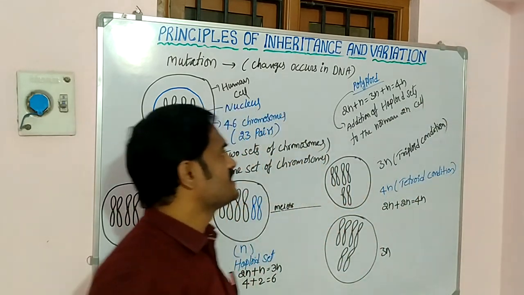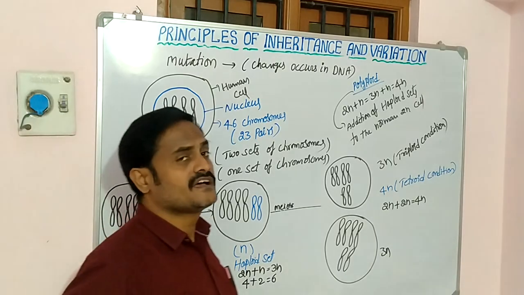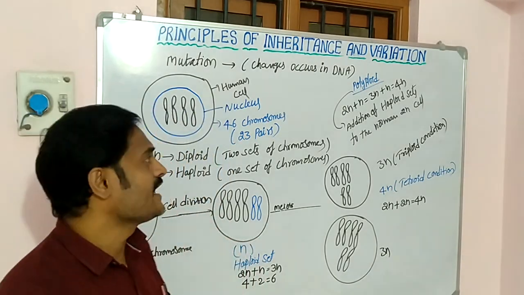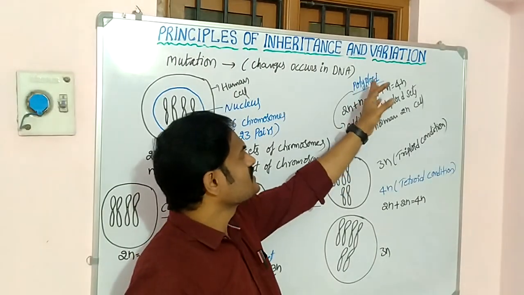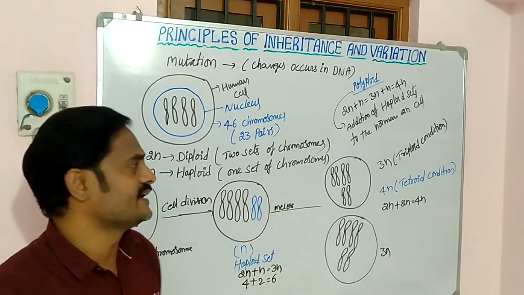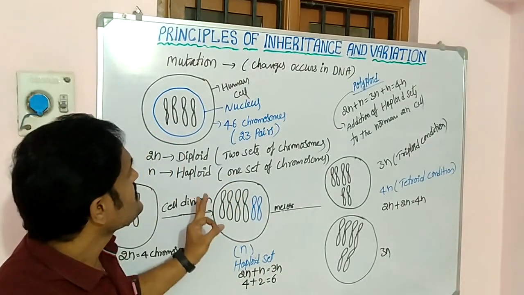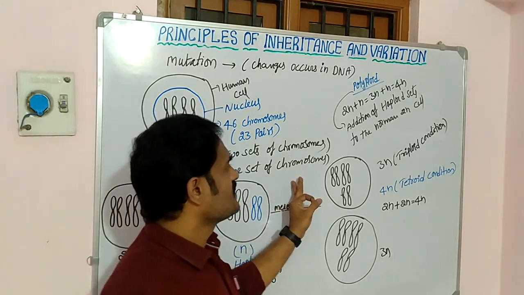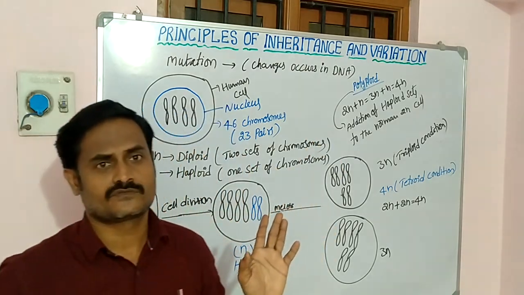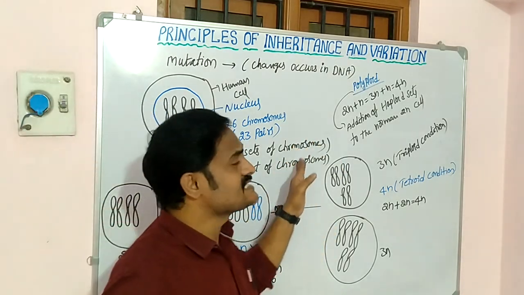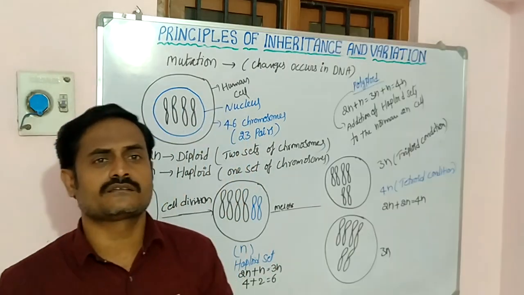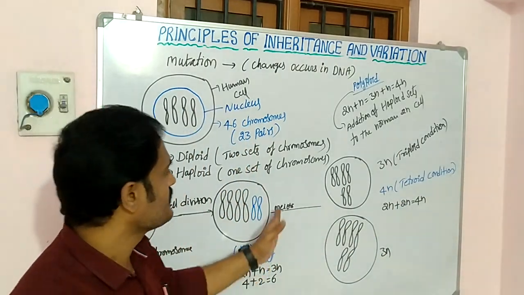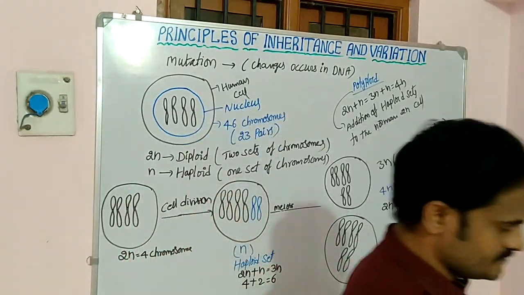Normal 2n cell, with addition of haploid sets, finally converts into the polyploid condition. This is the major reason for the mutation. So who is responsible for mutation? Mutagens. Okay, once take a screenshot.